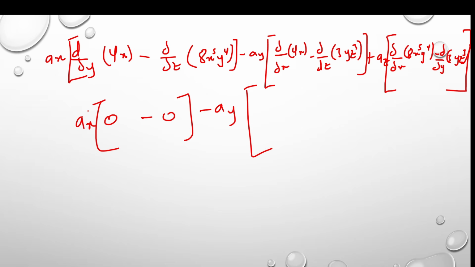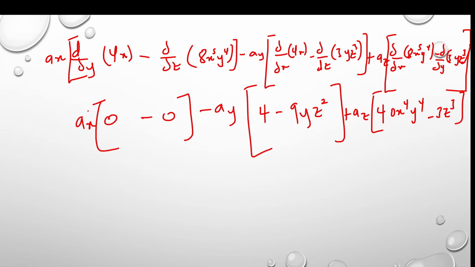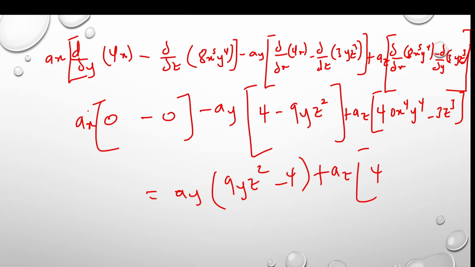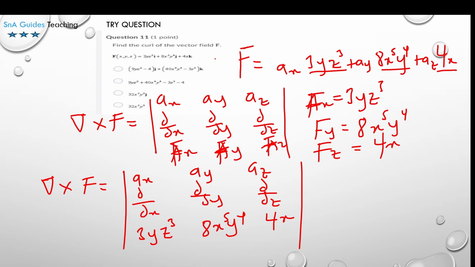Now we are going to get, differentiating 4x with respect to x is going to give me 4 minus 9y z squared. Alright, so our answer is this.